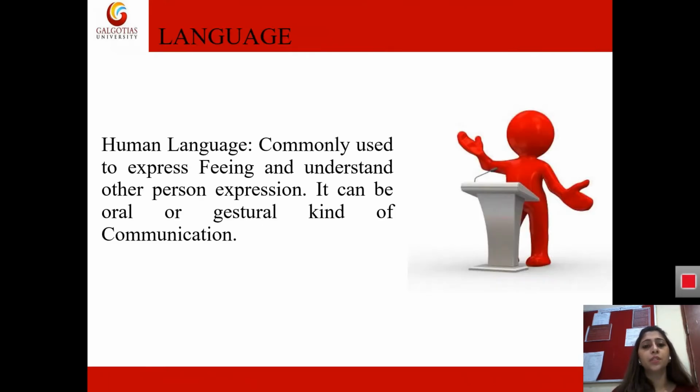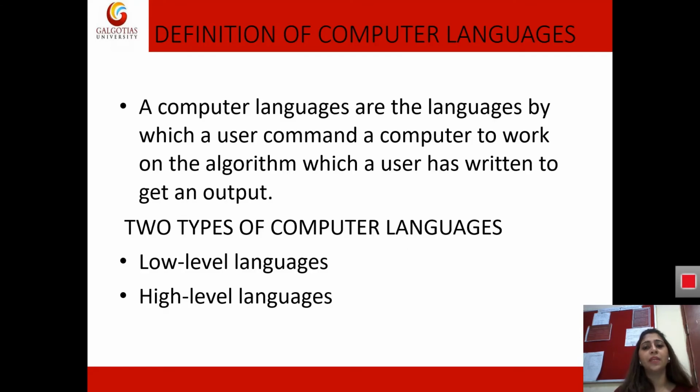A human language is commonly used to express feelings and to interact. A computer language is the language by which the user commands the computer to execute something, to work on the algorithm the user has written.